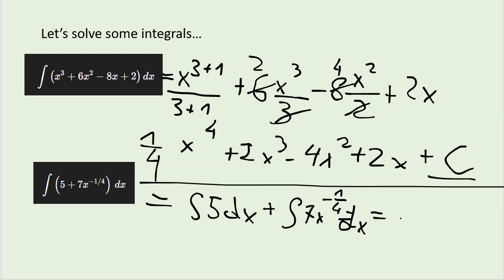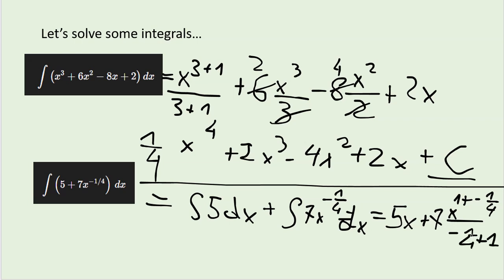So it equals 5x, because the integral of a constant is 5x, plus 7 times x to the power of 1 plus negative 1/4, because we apply the power rule, so we need to increase the exponent by 1, over negative 1/4 plus 1.